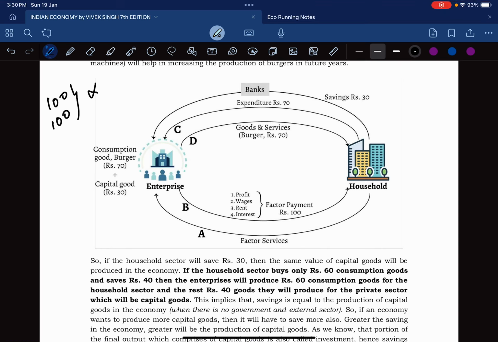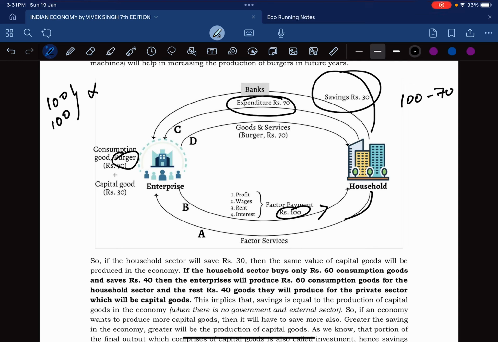Now let's say that the householder is providing factor services, the enterprise is giving factor payment of rupees 100, but the household is now giving only 70 rupees to the enterprise for buying a burger, and 30 rupees are being saved by the household. So now we have 30 rupees as savings. 100 was the factor payment, 70 was the expenditure on burger, 30 rupees is the saving of the household.